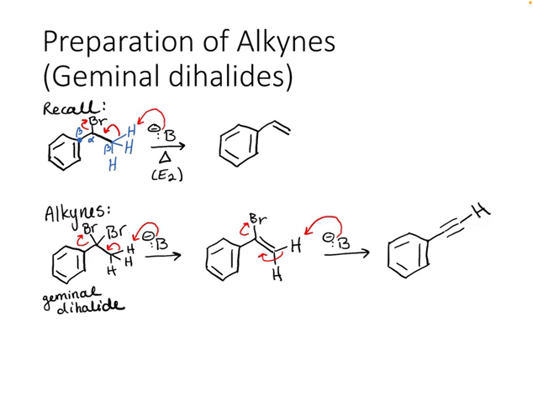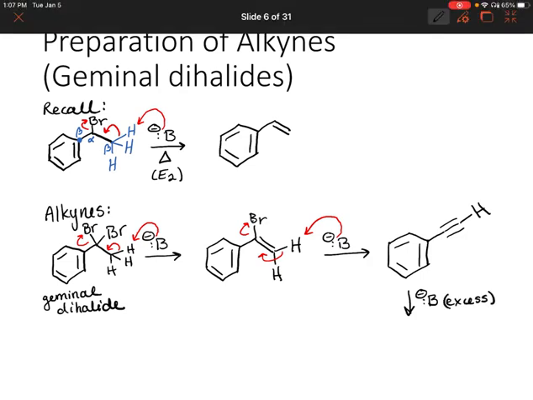We actually have multiple base molecules, so we have an excess of base. So the excess base is strong enough to take that hydrogen that's on the end. So it actually comes in, grabs that hydrogen, and then the shared electrons are left behind as a lone pair.